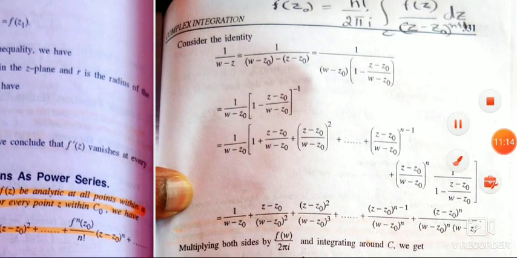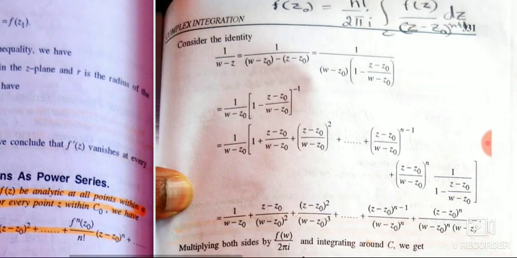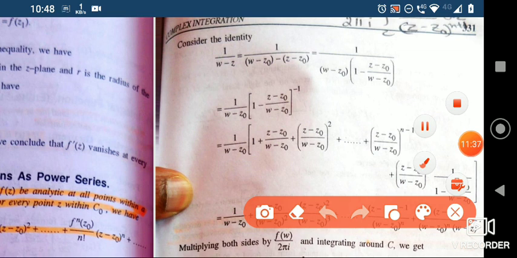So I can just adjust by adding Z0 and subtracting Z0. Just an adjustment. Then I'll take W minus Z0 common from this.